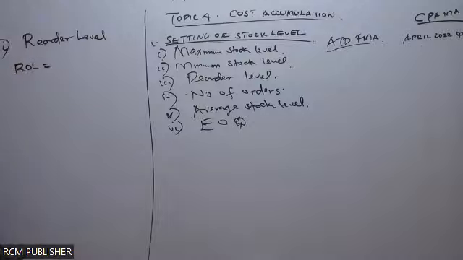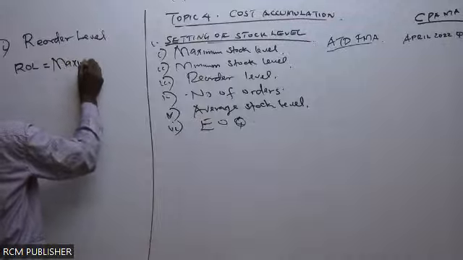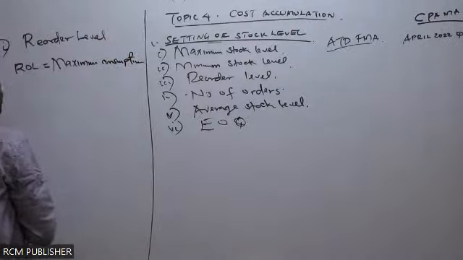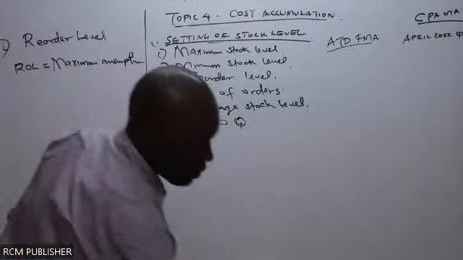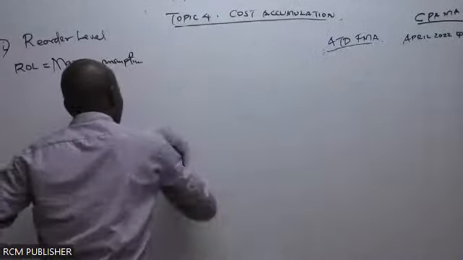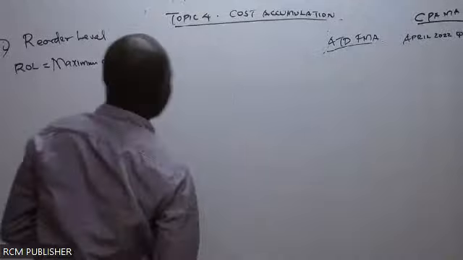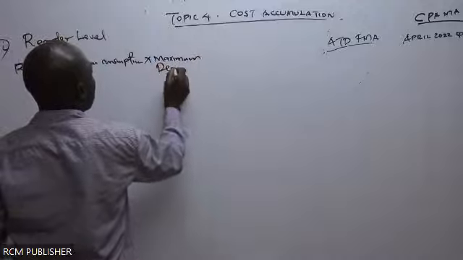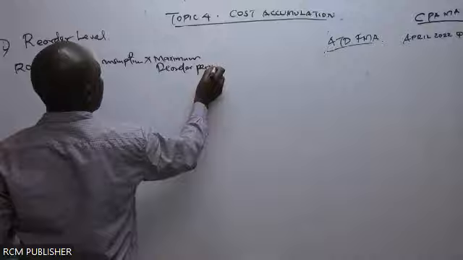How do we calculate reorder level, which we normally call this? How do we calculate reorder level based on our previous discussion? It is maximum consumption times maximum reorder period.